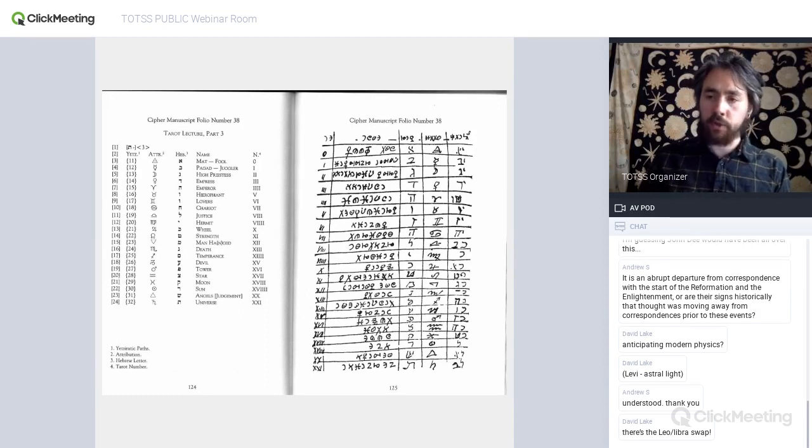And we see hierarchies attributed to the Sephiroth, to the planets, to the zodiac, to the elements, to the Qliphoth. You also see a lot attributed to the 36 decans. You can divide each zodiac sign into 10-degree regions, and you get the entire zodiac divided into 36. And so you'll see a lot of hierarchies that correspond to the decans.